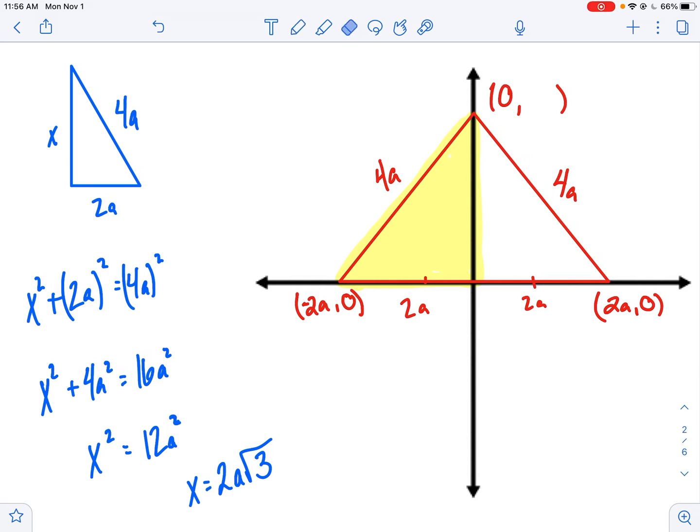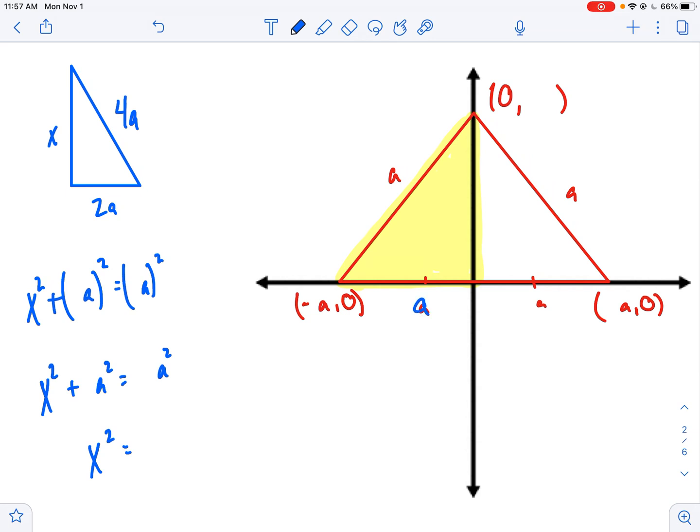Okay, let's do something a little bit simpler then. What if it were just a? What would the height be then? Well, if the length here were just a, then it would be at negative a, 0, positive a, 0, but this whole length would be 2a.